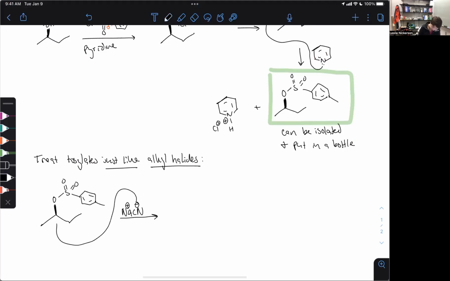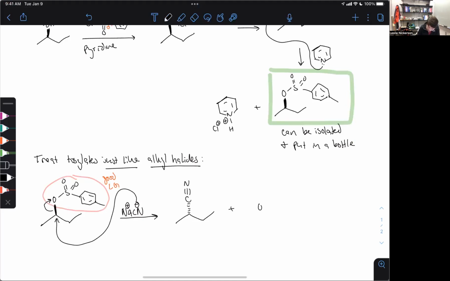We're going to have the cyanide go and attack. That whole group is our new leaving group. And then I'm going to end up getting inversion because, again, this is an SN2 reaction that I'm doing.